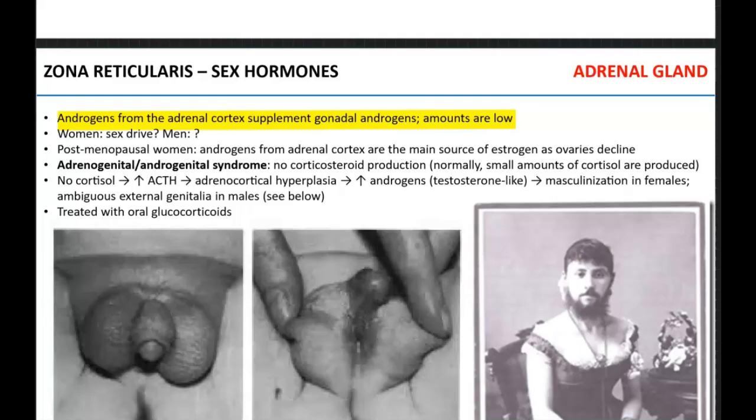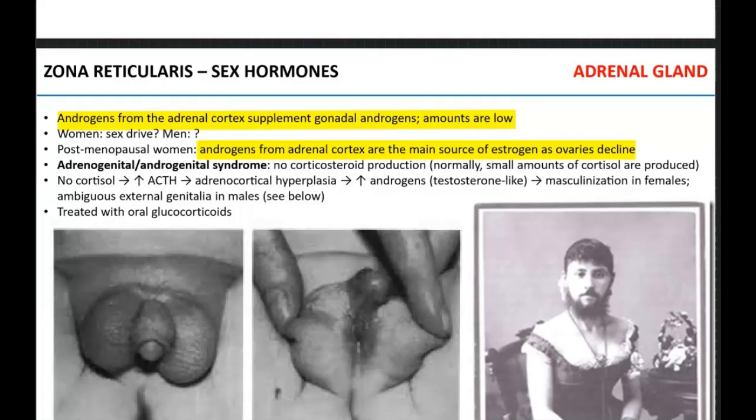The role in women and men is not clear, but in women who go through the menopause, androgens that are supplied by the adrenal cortex may actually partially replace the estrogen that is not produced to the same level by the ovaries anymore.